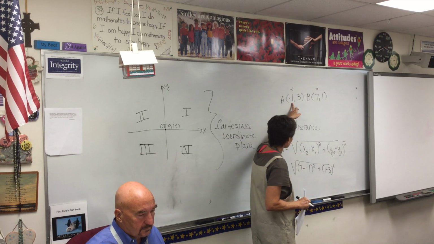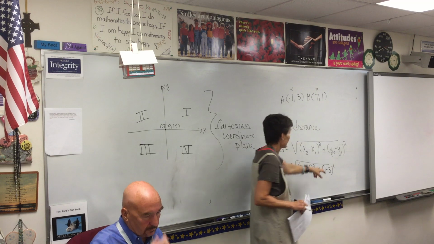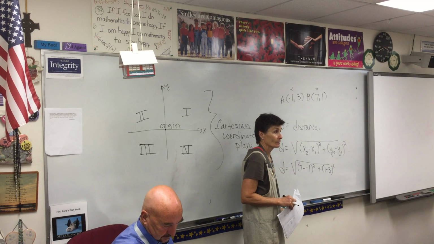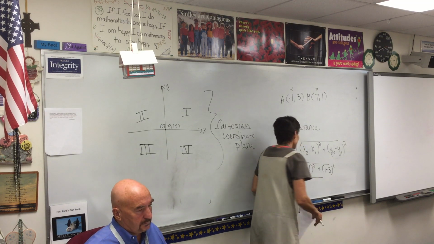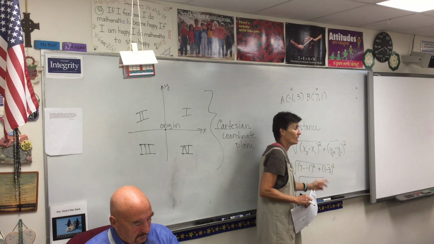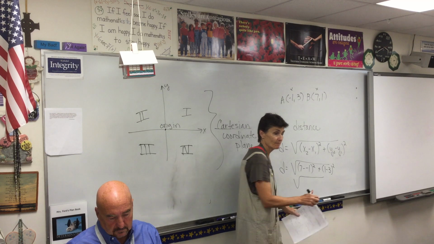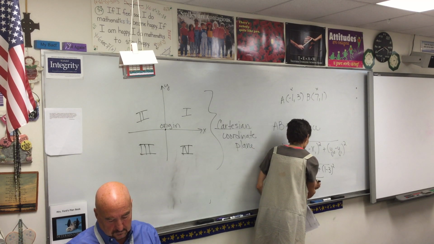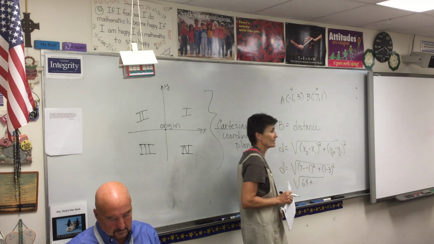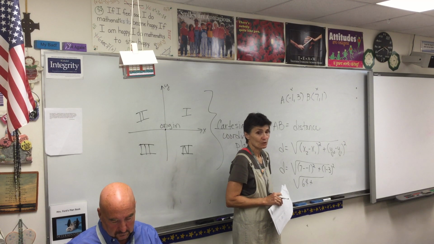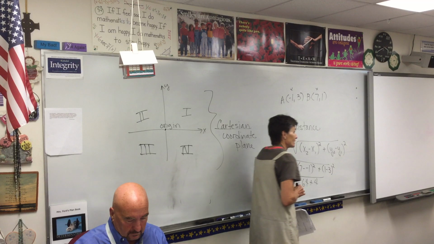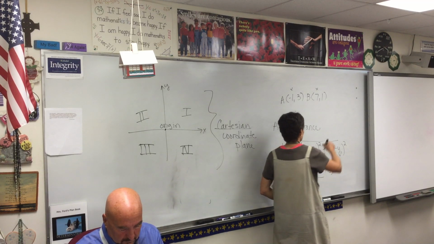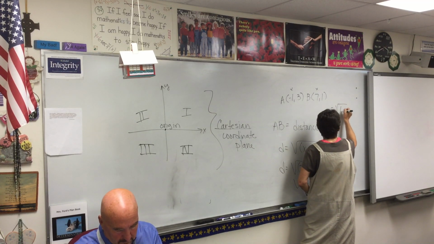X minus x squared, y minus y squared. All right, let's get those brains working. What's 7 minus negative 1? 8 squared. 64. Perfect. 1 minus 3? Negative 2 squared. 4. Remember, when you square it, it's always going to be positive. So we have the square root of 68.